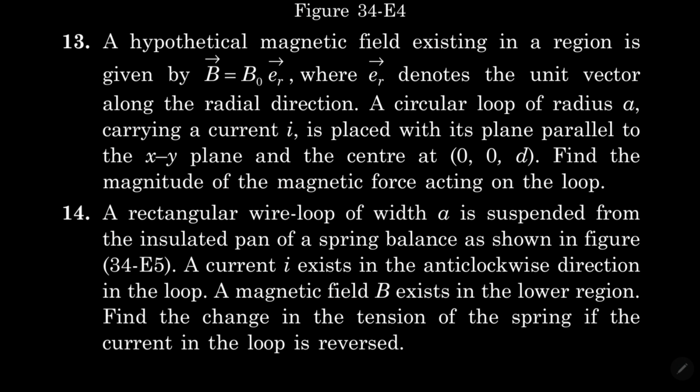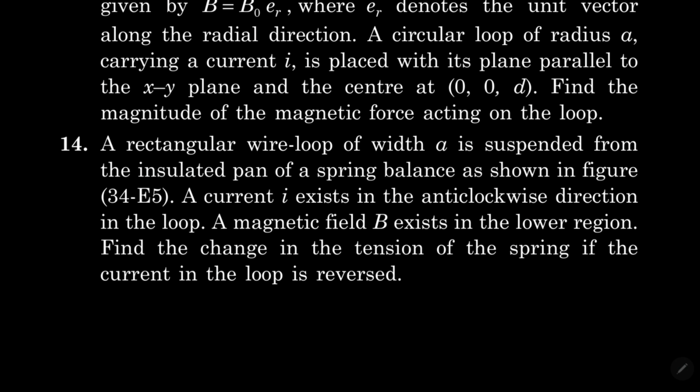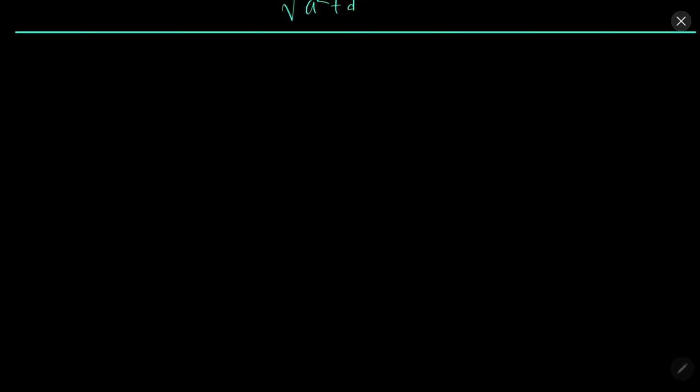In 14, find the change in tension of the spring if current in the loop is reversed. Solution 14. So current is anti-clockwise and horizontal forces will have no effect.